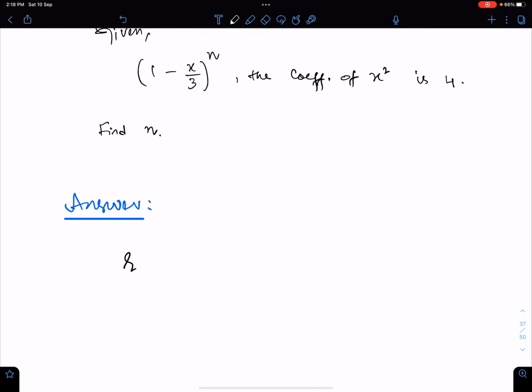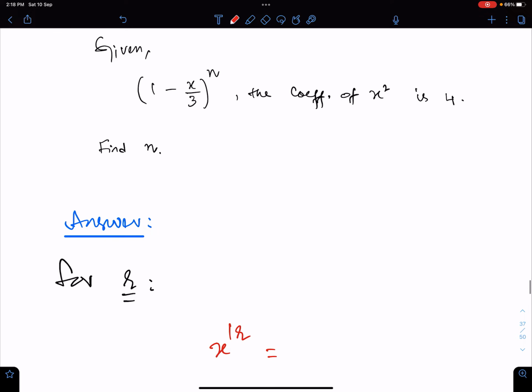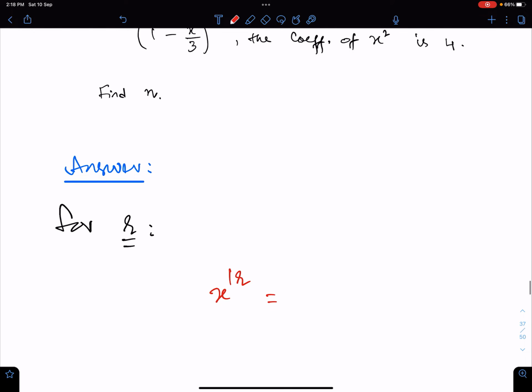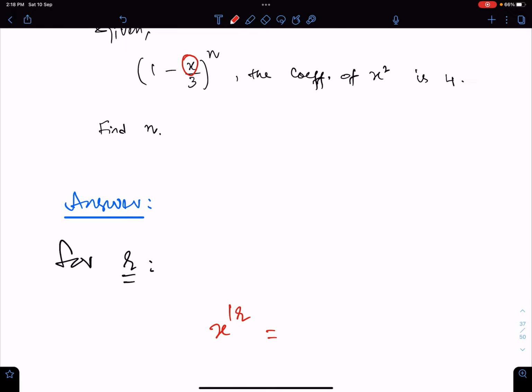So for r, we just need to write this x as x power 1r. I have discussed this concept in detail in my simple expansion lectures. And now equate this x, which is x power 1r, with x square.